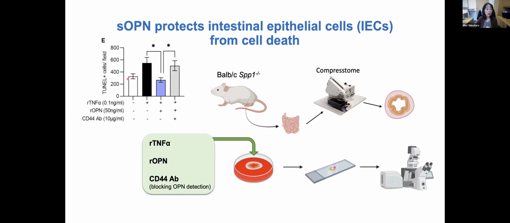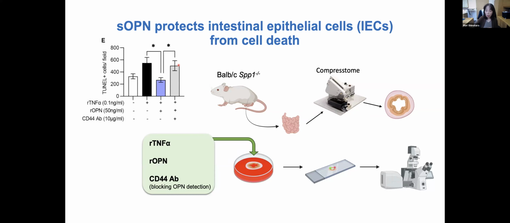So here, TUNEL positive cell numbers are like 300, but when we treat tissues with TNF only, we saw more cell death, TUNEL positive, and when we added sOPN as a recombinant OPN, we could really limit the cell death here. But when we block CD44 by antagonistic antibody, then we could not rescue the cell death, and the cell death phenotype of TNF is induced here. So this data told us that secreted OPN from T cells is detected by CD44 to limit the cell death.